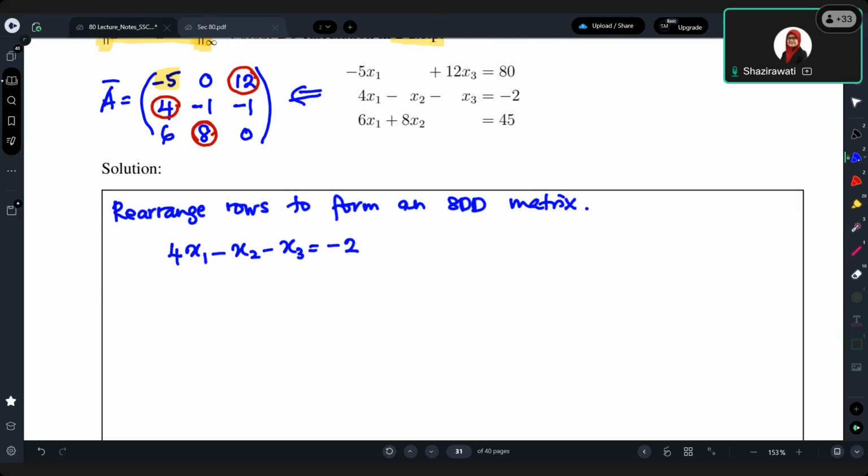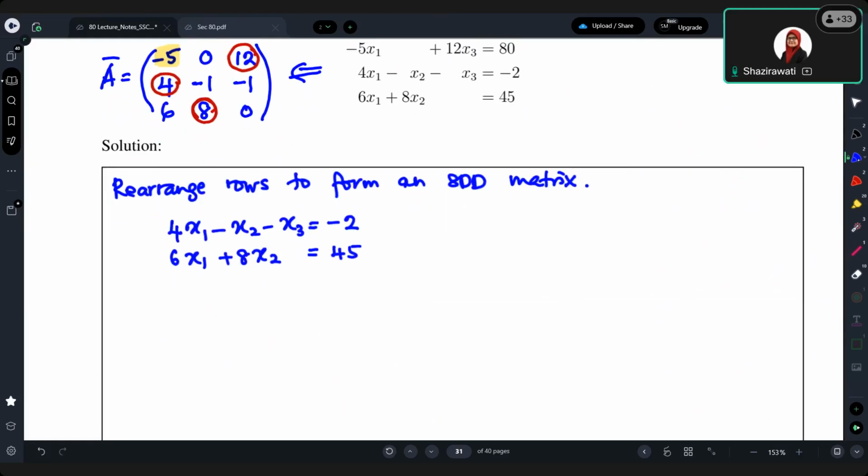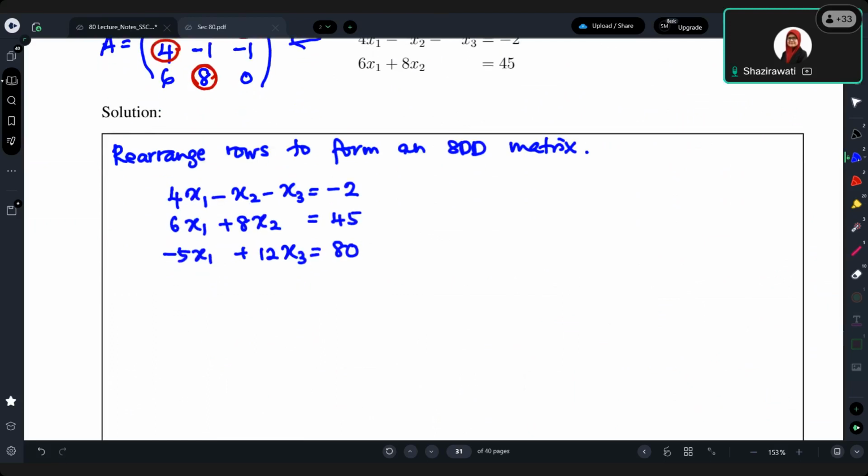Dia akan jadi 6x1 plus 8x2 equals 45. And lastly -5x1 plus 12x3 equals 80. So itu you punya matrix ataupun sistem yang barulah. Okay, that is the first one.